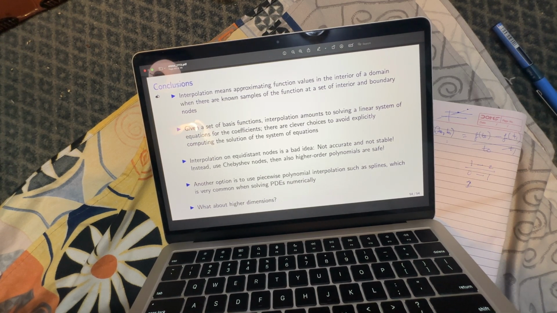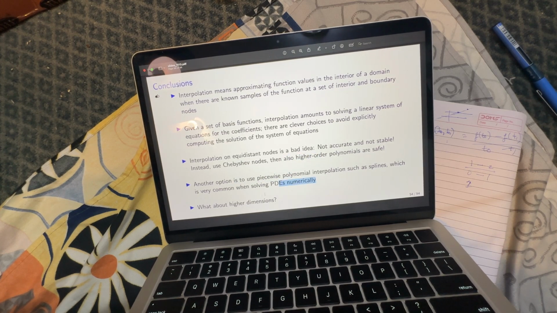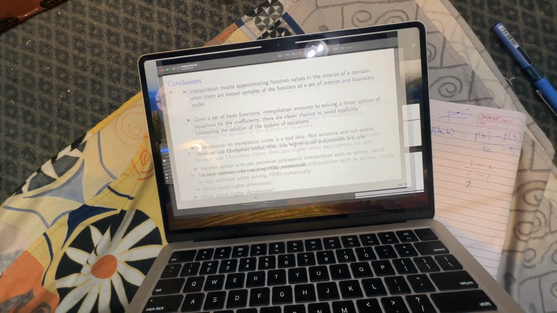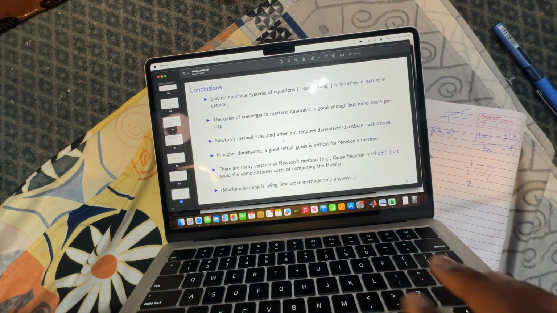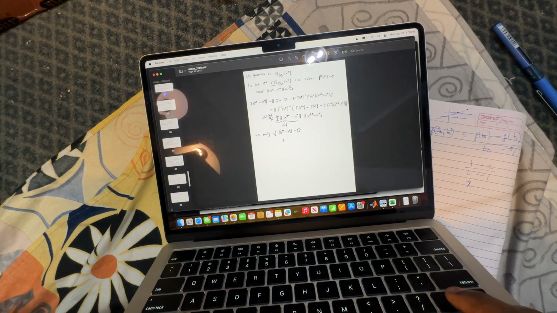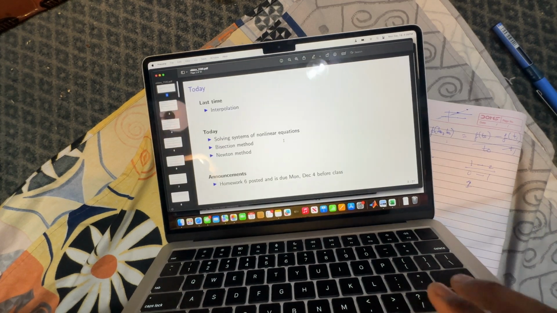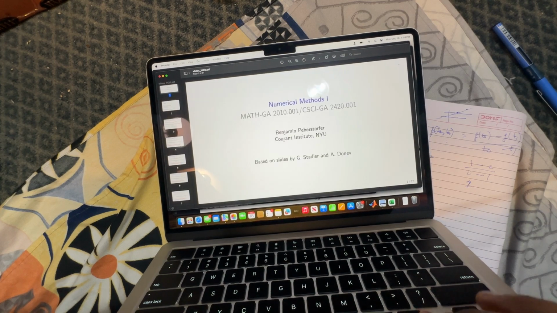Not Chebyshev notes. Higher dimensions. Okay. 13 is done. Slide 20 is non-linear. This is non-linear equations. Okay.